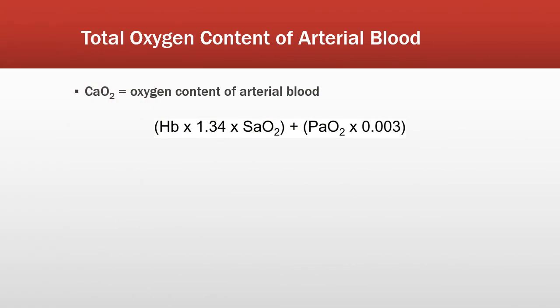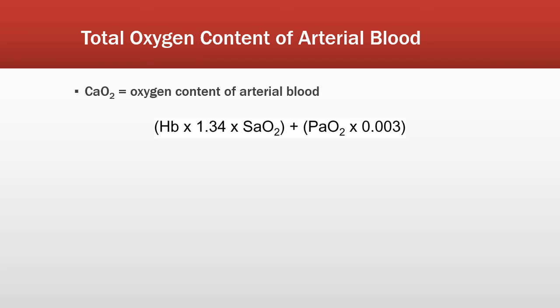So, CaO2, or oxygen content of arterial blood, is just what we calculated with our anemic patient. Hemoglobin times 1.34 times oxygen saturation plus PaO2 times 0.003. That's the portion bound to hemoglobin and that dissolved in blood.